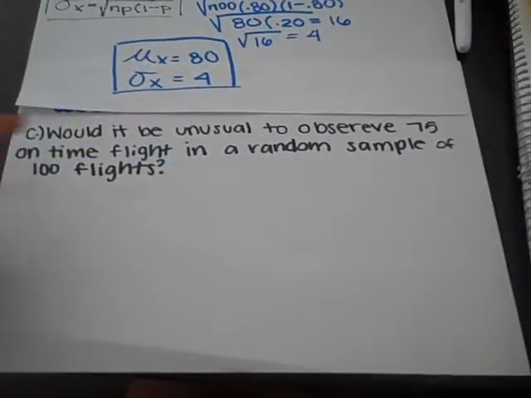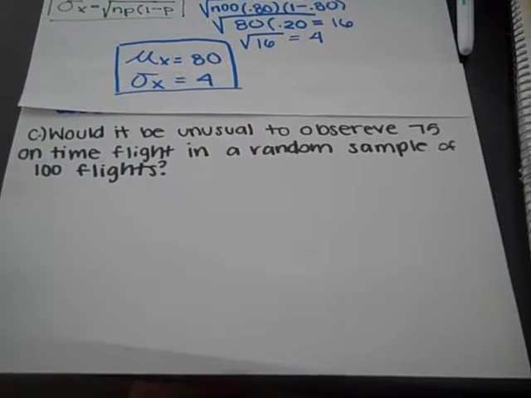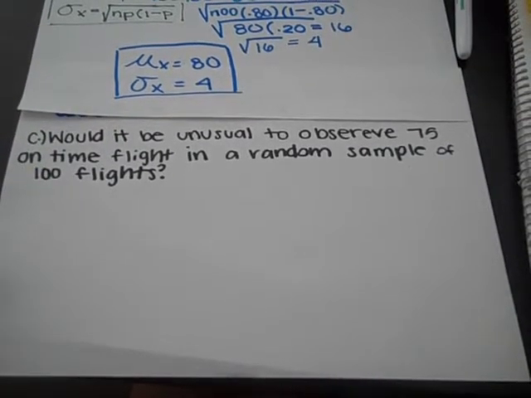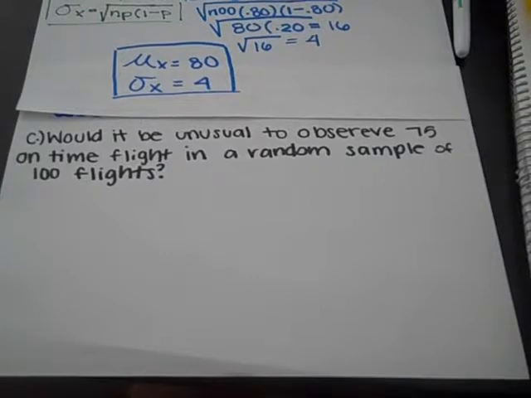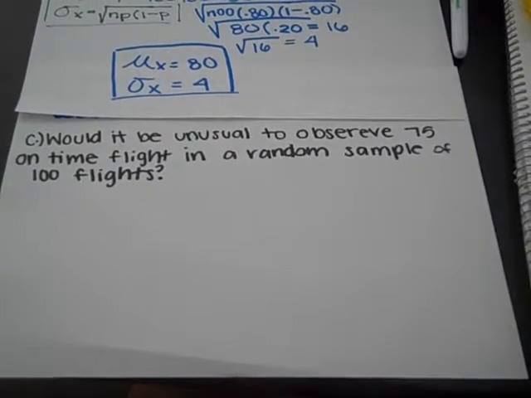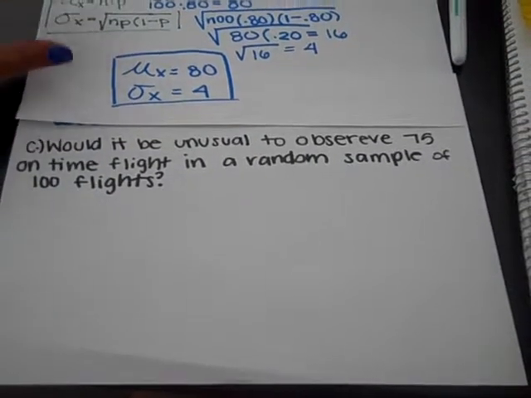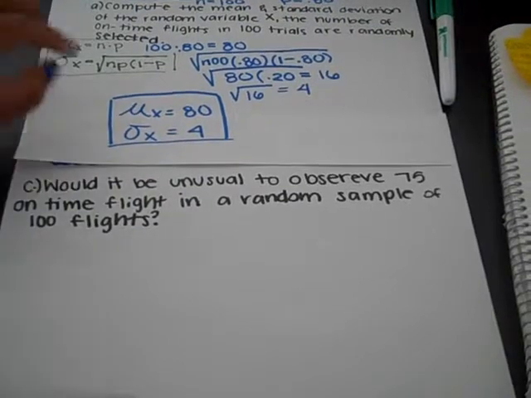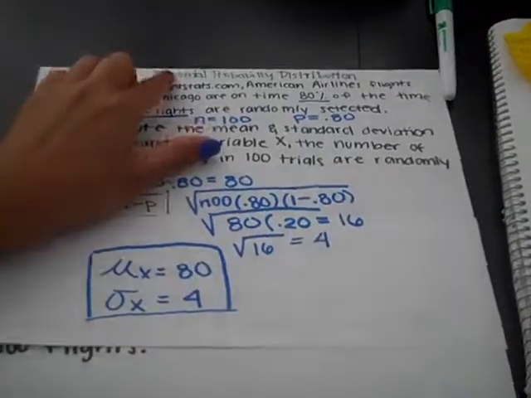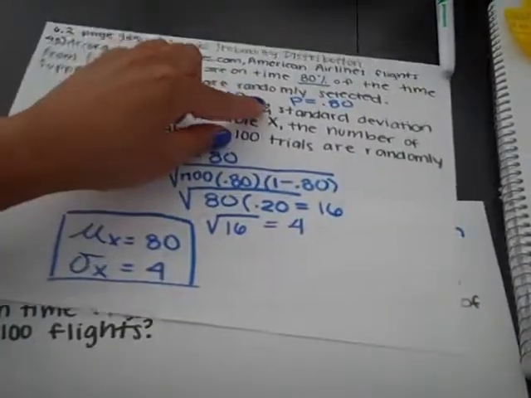Part C asks, would it be unusual to observe 75 on-time flights in a random sample of 100? As I stated before, in 6.2 we're working on binomial probability distributions.